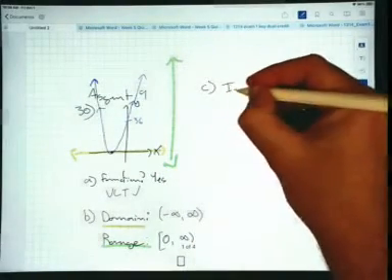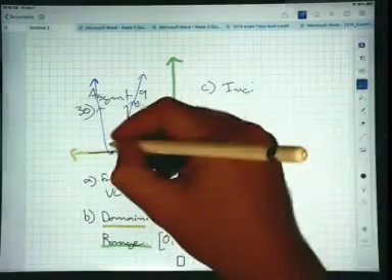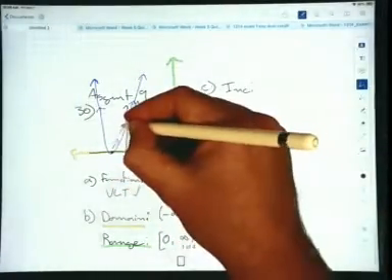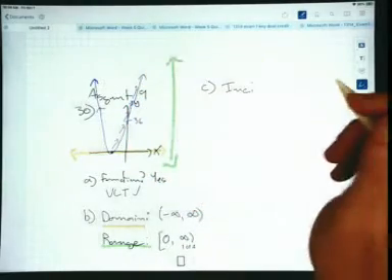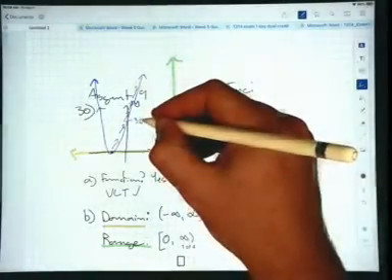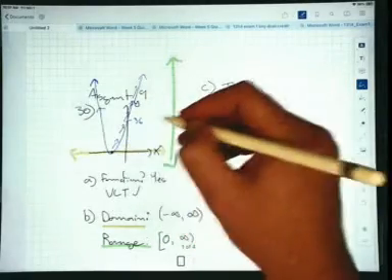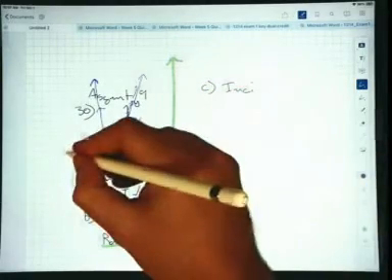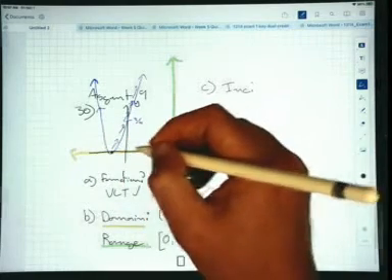Where is it increasing? Well, the graph is increasing here. Now, this has nothing to do with that y value of 36. It has everything to do with the x values. So imagine that you're walking along the x-axis and you're looking at the graph.